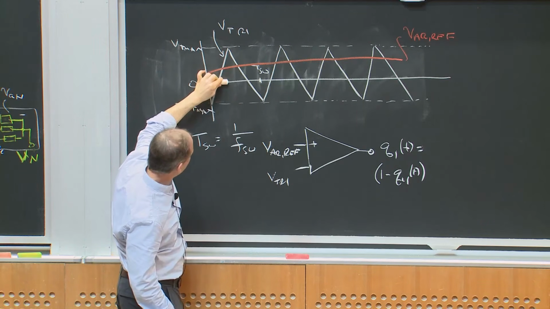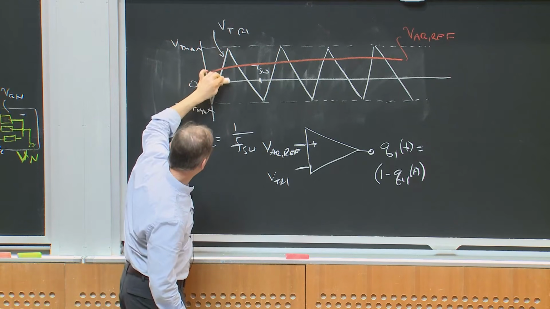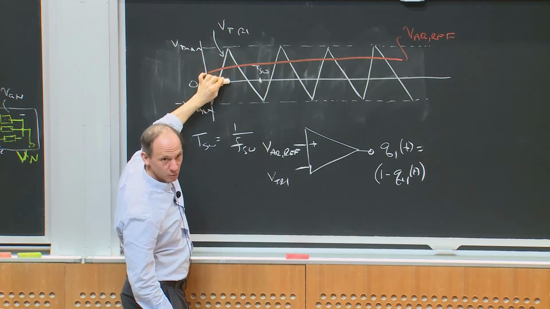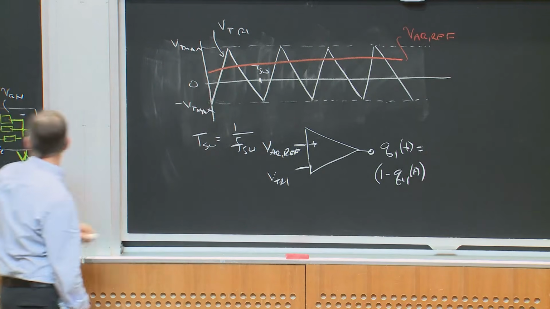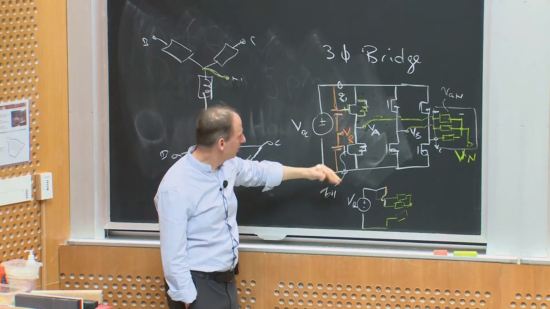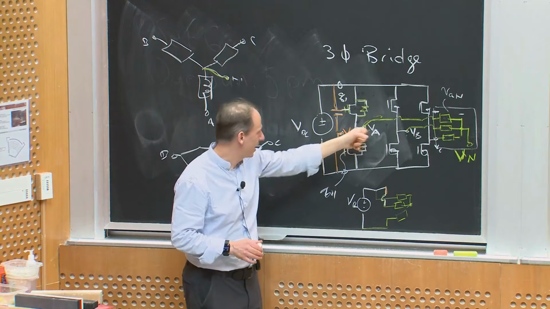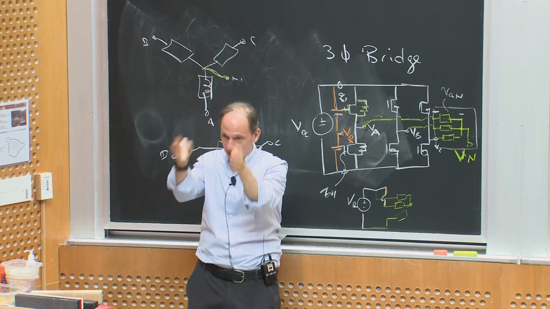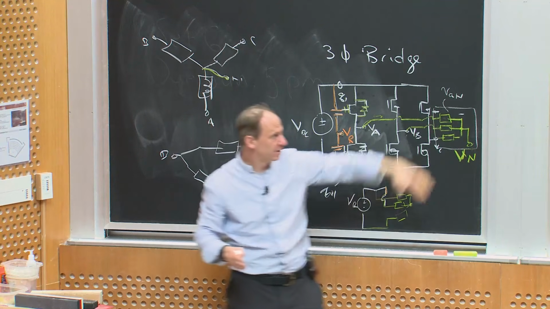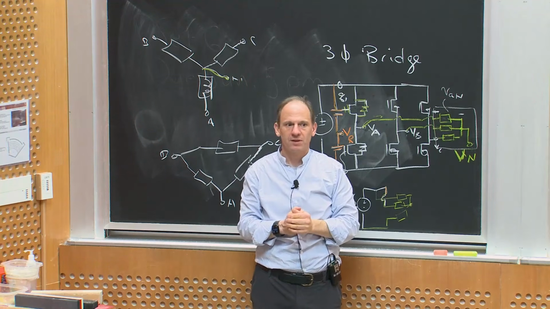If the reference is right here in the middle, this triangle wave goes from plus to minus, so it would be switching with 50% duty cycle between top and bottom, and on average, with respect to VR, this would be 0. So I can linearly change the average voltage synthesized by VA with respect to VR over one switching period based on this triangle intercept PWM. Does that make sense to everybody?